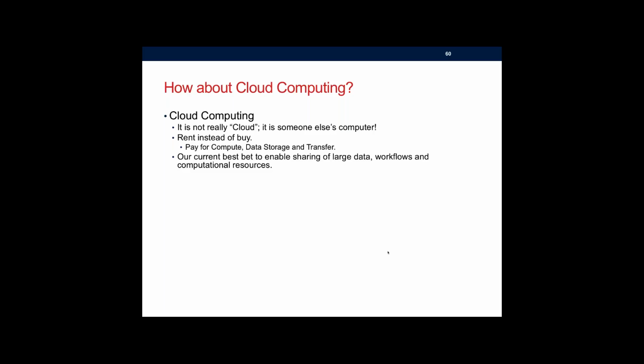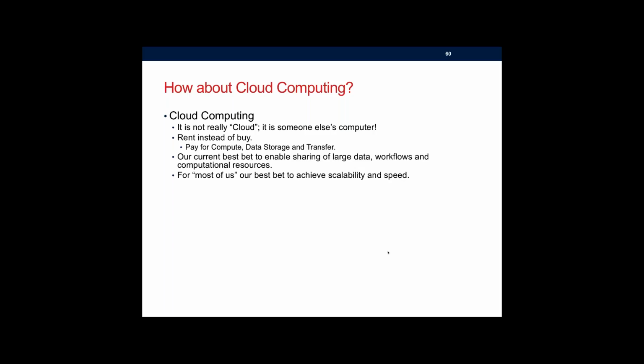After many different iterations of earlier distributed computing, grid computing, and standardization efforts, this is really one way that we can finally get to share large data and workflows and work together. And also, for most of us, not everyone has direct access to supercomputers. This is really our best bet to get scalability and speed.